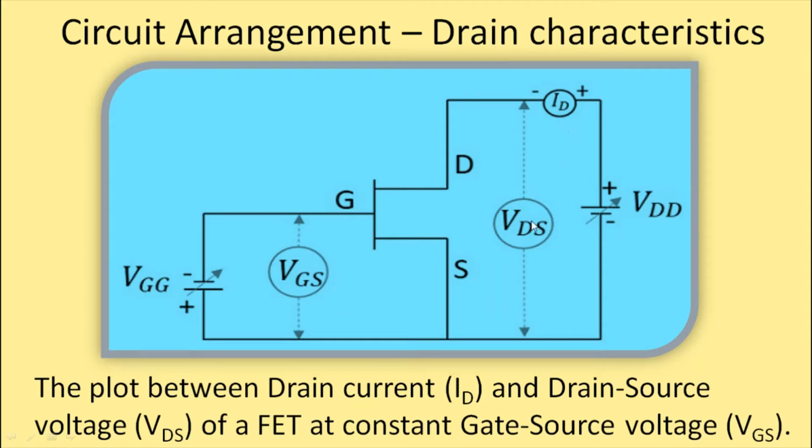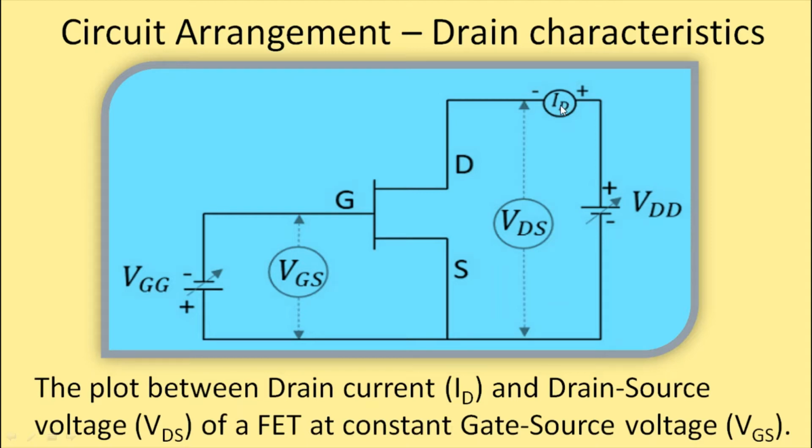Once I check it out for 0.5 volts, I go for the next trial, say for 1 volt of VDS. Again I go to VDD and change it such that VDS now becomes 1 volt. Then for this 1 volt of VDS, I note the corresponding value of ID. Like this, I repeat the procedure for different values of VDS, and for every value of VDS, I note down the corresponding value of ID.